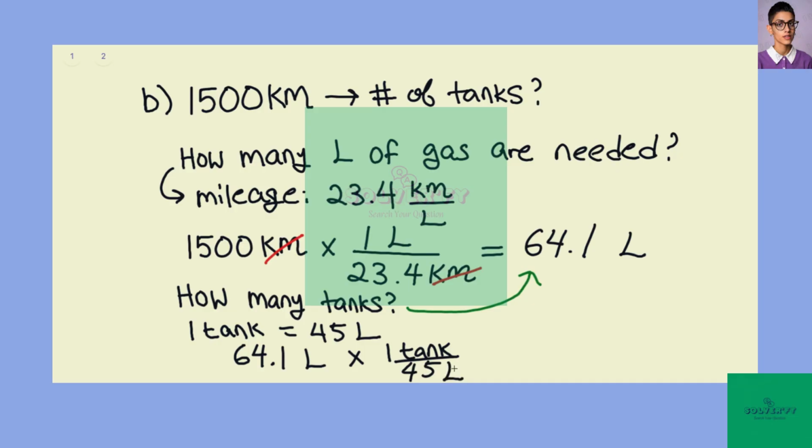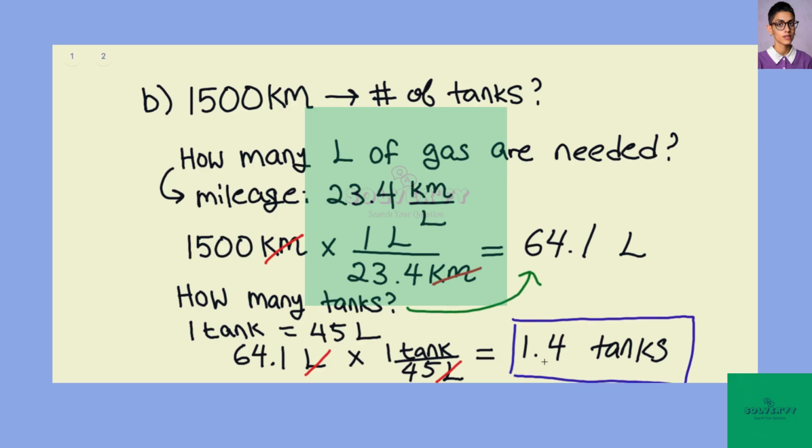And once again, my liters will cancel out, and I'm left with the number of tanks. So I have 1.4 tanks of gas that I would need in order to travel 1,500 kilometers. So note here that my answer has two significant figures, just like 1,500 kilometers here.